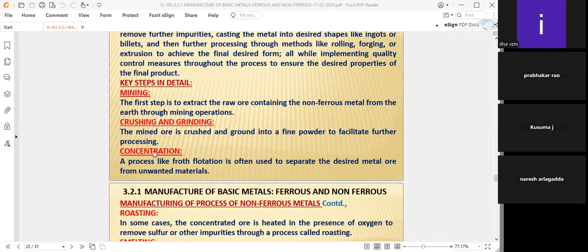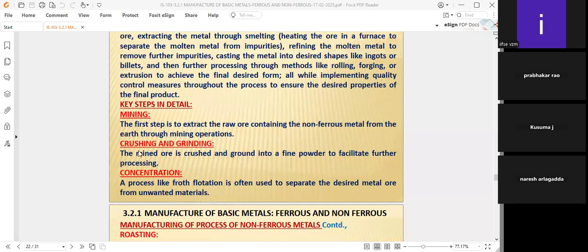In non-ferrous, there are various steps because there are various components in the ore. Whereas in ferrous, it is only iron, and other impurities can be removed very easily.